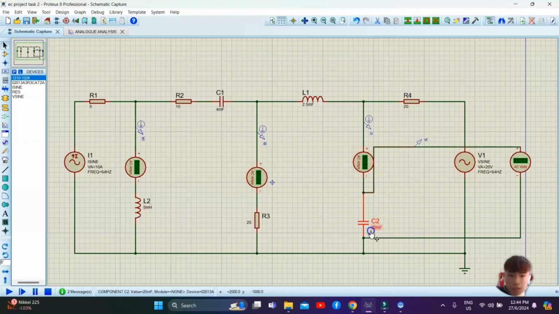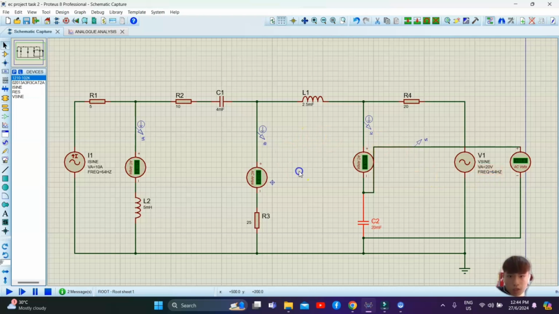Capacitor 1 is 4 millifarad and capacitor 2 is 20 millifarad. At the power supply, we set the frequency to 64 hertz and the amplitude to 10. For the other source, we set the amplitude to 20 volts and the frequency to 64 hertz.